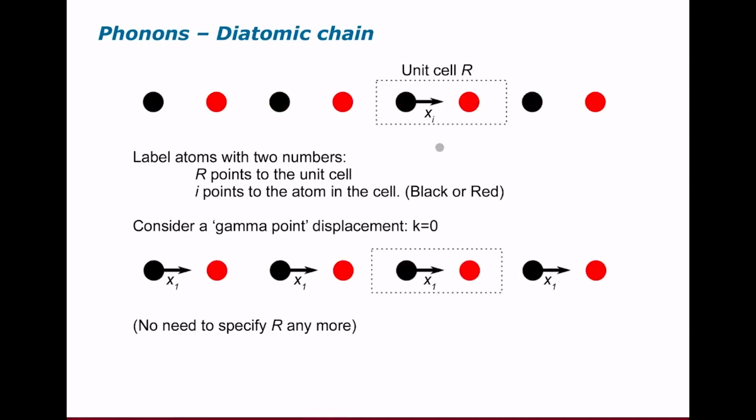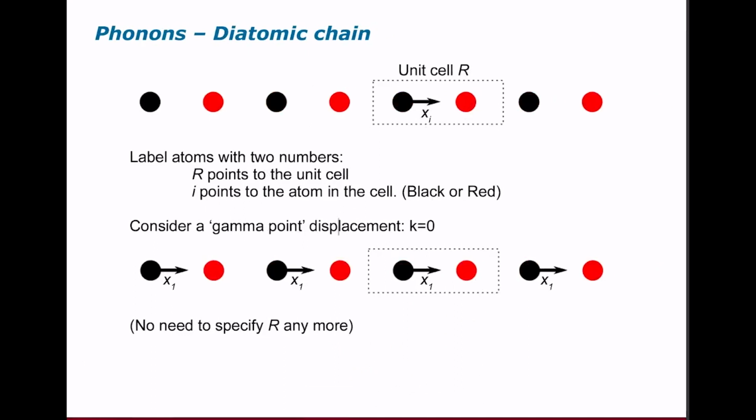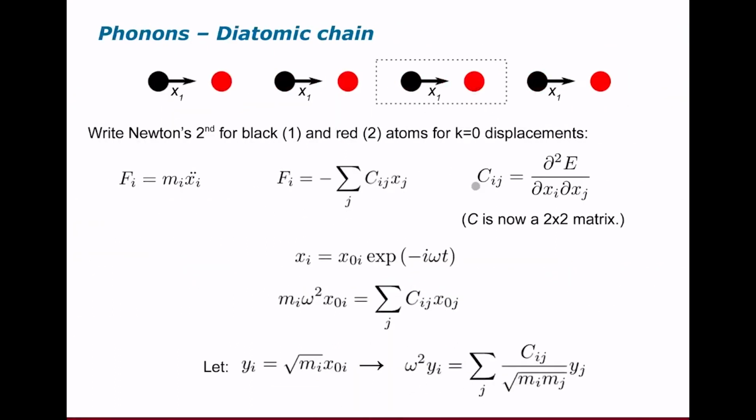So for example, if you have 2 atoms in your unit cell, a black atom and a red atom, then the indices become a bit trickier, right? Because you need to have a unit cell index, which I denote by R, and an atom index, which I denote by I. Then the C matrix becomes a larger matrix because you have to have the force constant between the 2 atoms in the unit cell and the 2 types of atoms in the neighboring unit cells and so on.